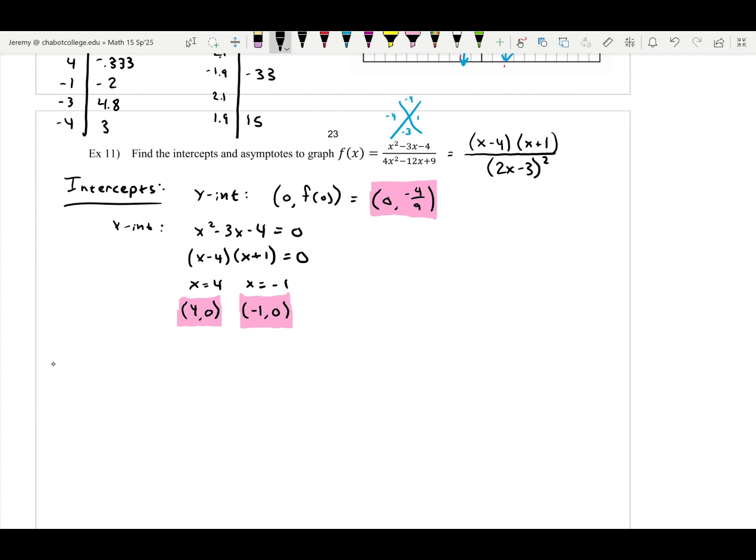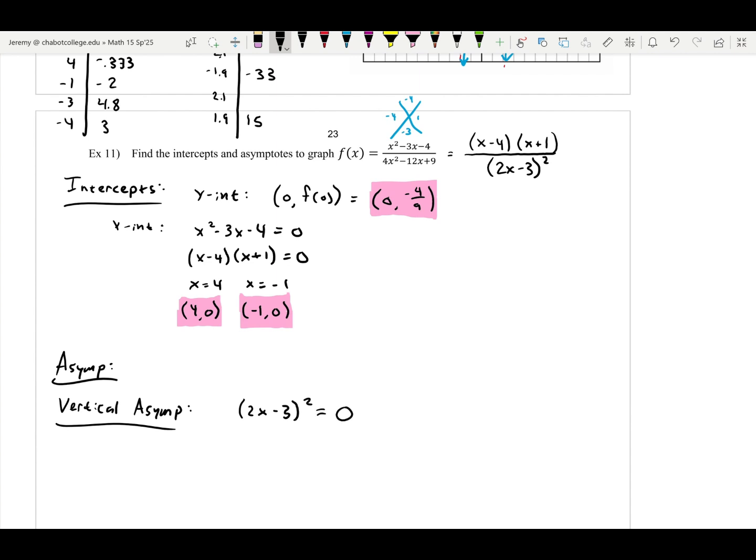Let's find asymptotes. And I'll start with my vertical asymptotes. I could find these by just setting my denominator equal to 0. So I'm just going to set the factored form, 2x minus 3 squared, equal to 0.